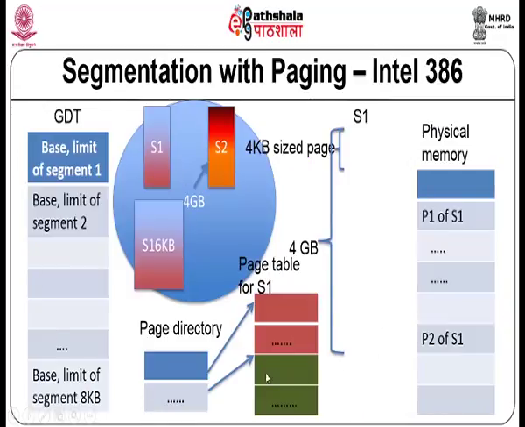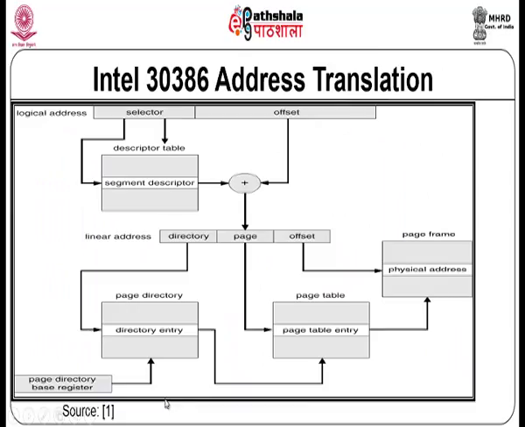I have just shown that the page table for the segment is also divided into pieces. You have a pink piece and a green piece, showing that different pieces of the page table are available, and to identify each of these pages of the page table, you have another outer page directory, with entries corresponding to each page of the page table.